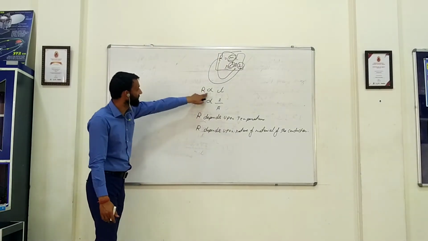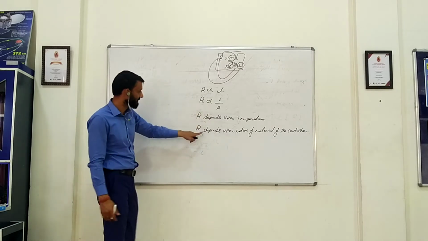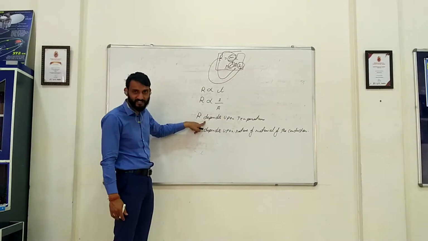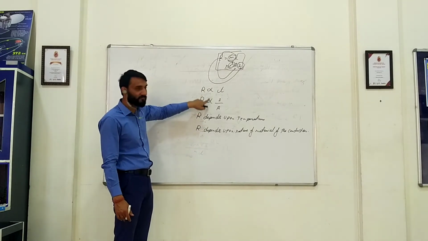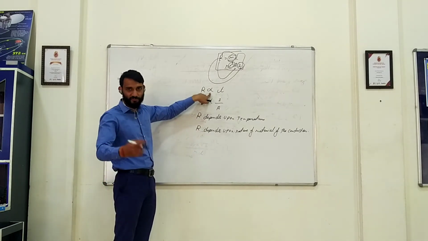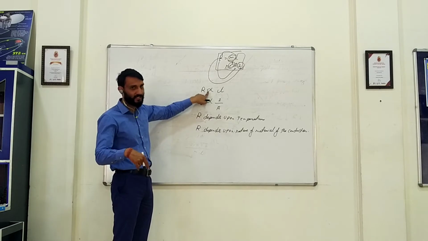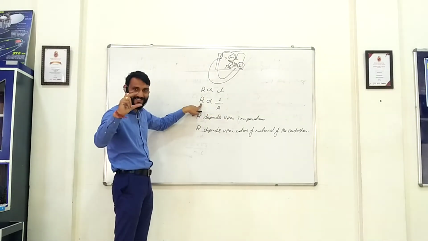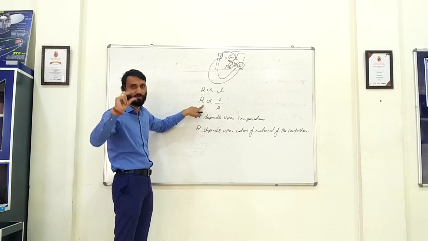If I take these two factors specifically, this factor is already explained. Longer the length of the conductor, more will be the resistance, and if the conductor is thick, resistance will be less. If it is thin, resistance will be more, right?